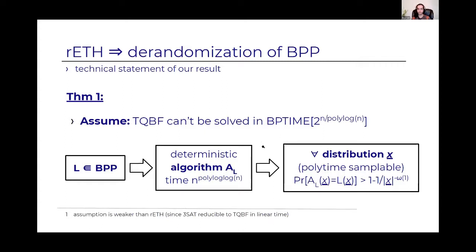And if you're a bit concerned about the parameters, the n over polylog n here and the polylog log n, let me mention that when you look closely at the hardness of RETH as a function of the input length rather than as a function of the number of variables of the formula, this is the correct hardness and the correct running time that you expect to get from RETH. All right. So this is what I meant when I said that RETH implies an almost polynomial time de-randomization of BPP on average.